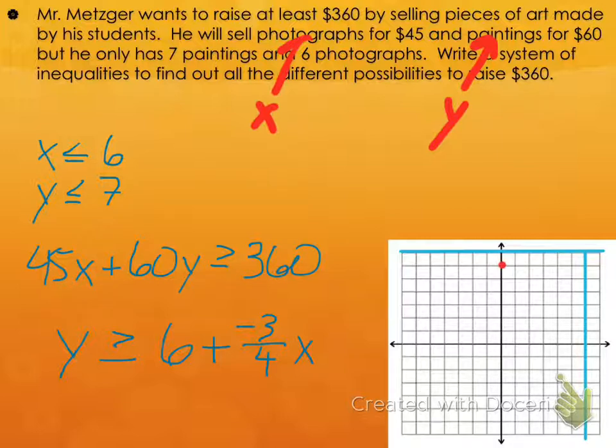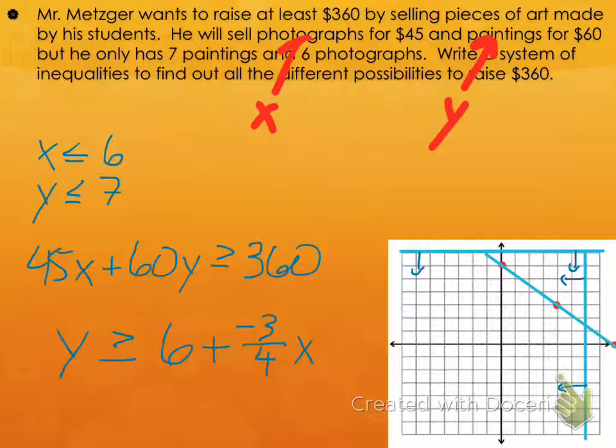And then I go down 3, right 4. These are all less than, so they're going to be below and to the left.